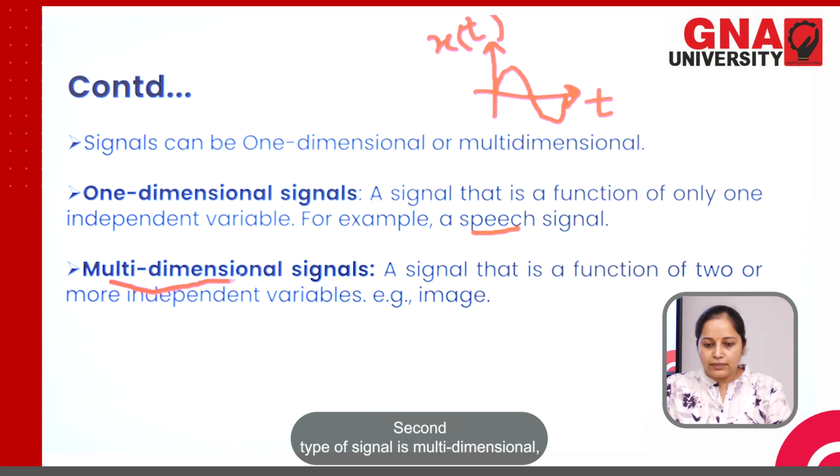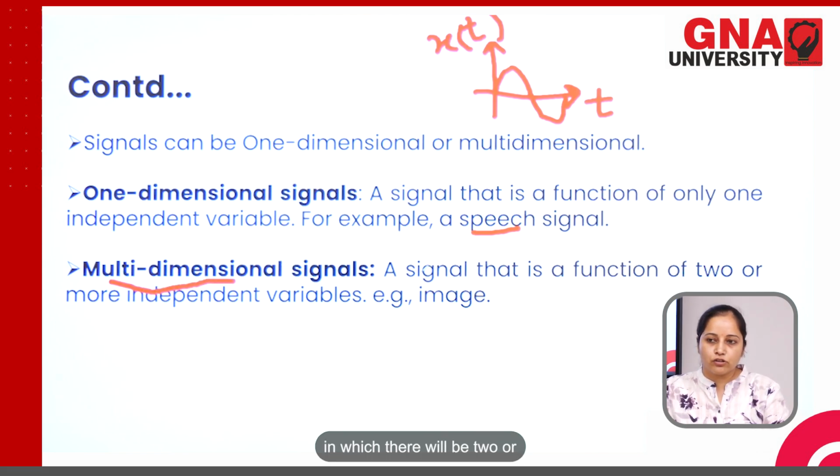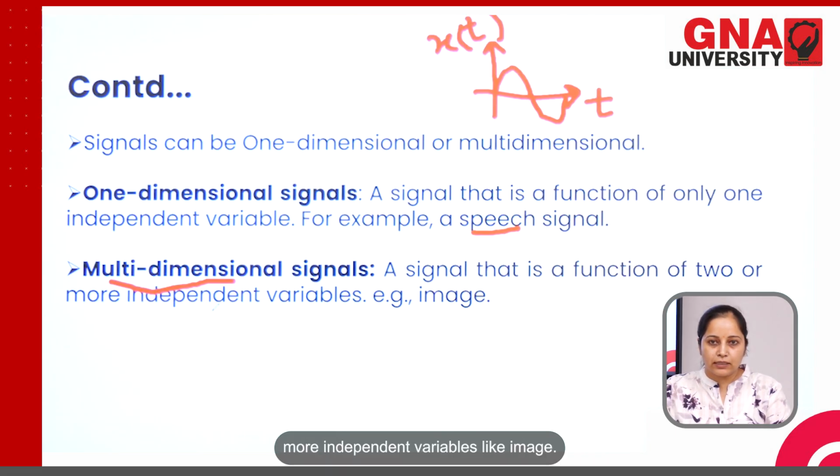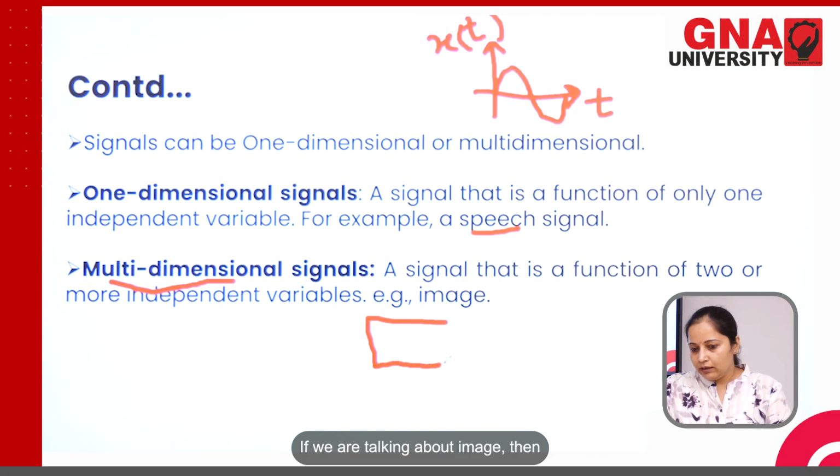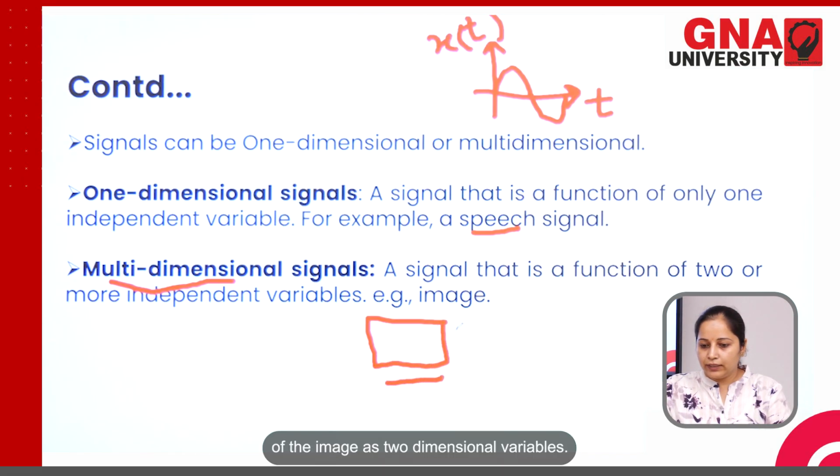The second type of signal is multi-dimensional, in which there are two or more independent variables, like an image. If we talk about an image, then the vertical and horizontal coordinates of the image are two-dimensional variables.